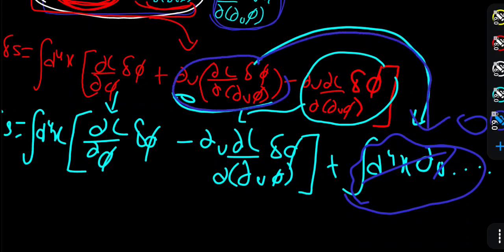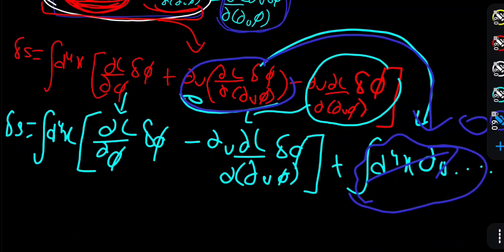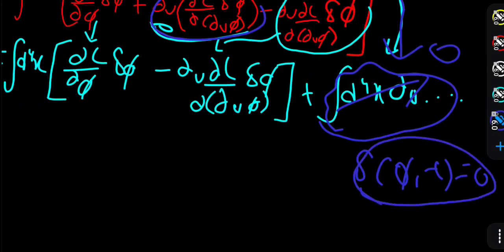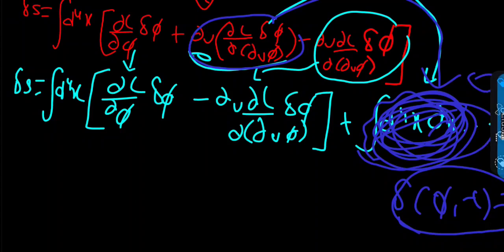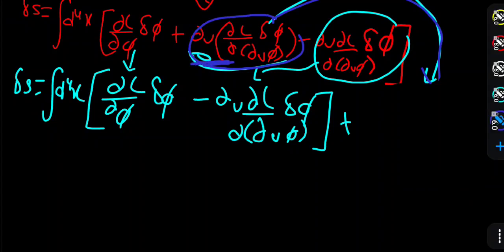So it's not very useful to write it down here, but the criterion is that any small variation in φ at the limits of t should be equal to 0, and when you put down the limits here, you will see that this particular thing goes to 0. So there is no point in writing this. I'm going to just erase this. Don't be confused about why I have not written this second term, because it will go to 0. That's why I neglect it, and I'm only writing this and this, which is here.